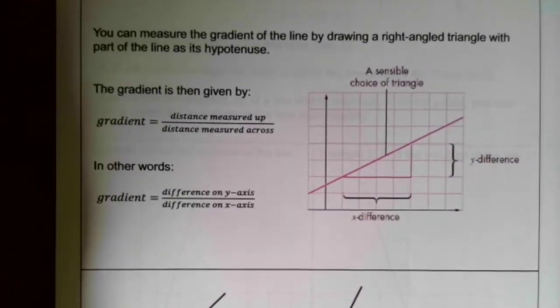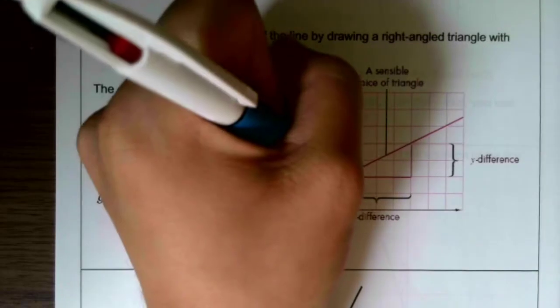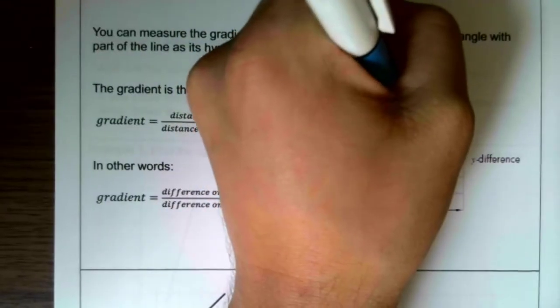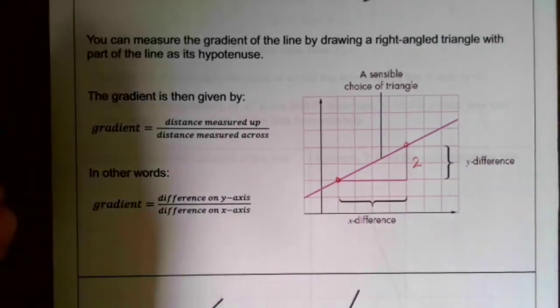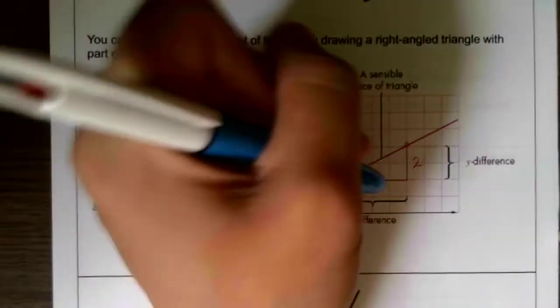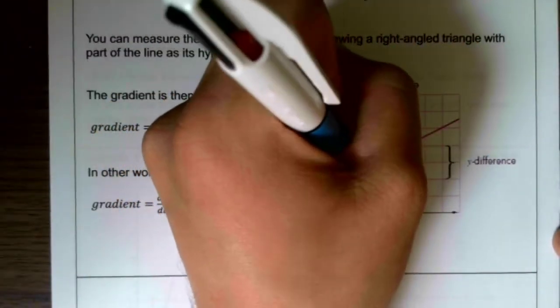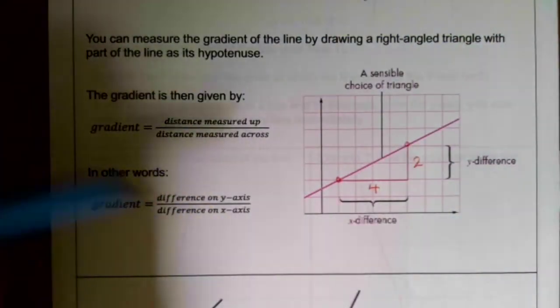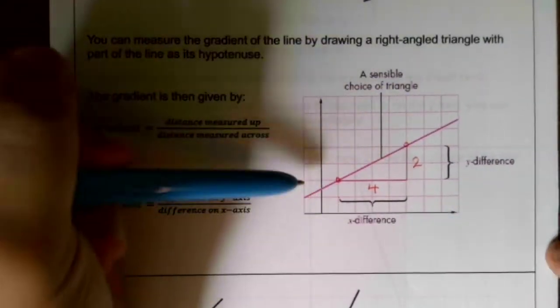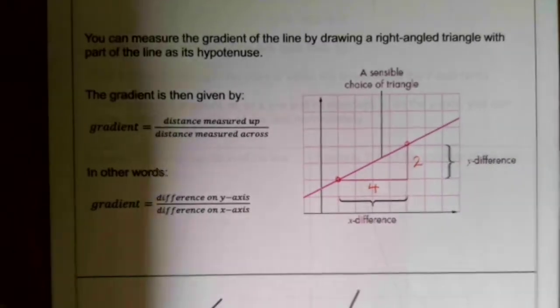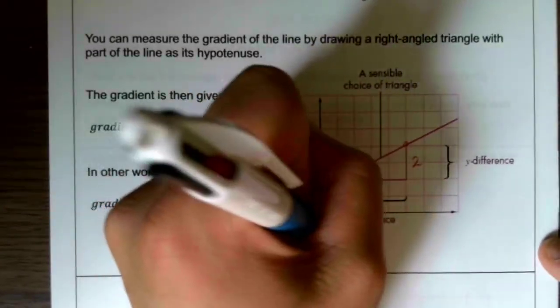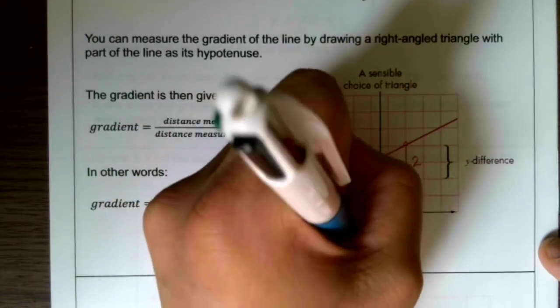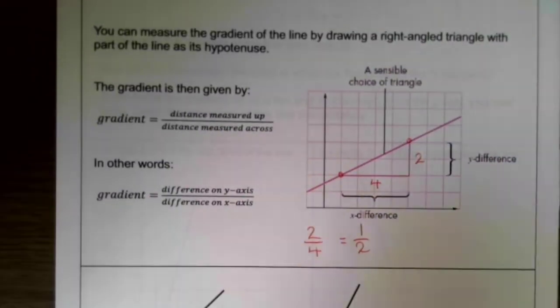And the gradient is going to be the distance measured up, so from this point to this point is going up by 2, divided by the distance measured across. So the y difference divided by the x difference. This is quite a shallow gradient. It's 2/4, which simplifies to a half. So the gradient for this line is half.